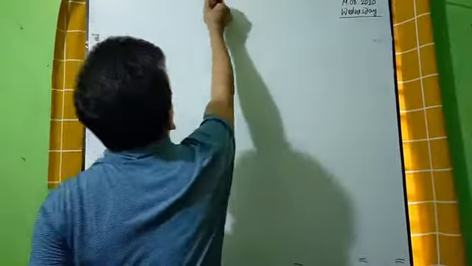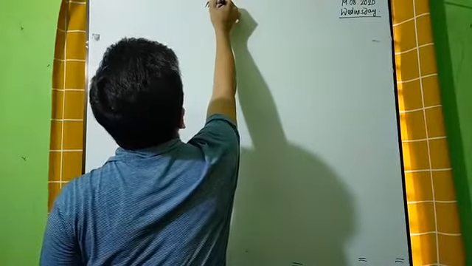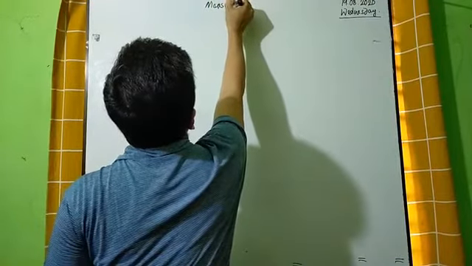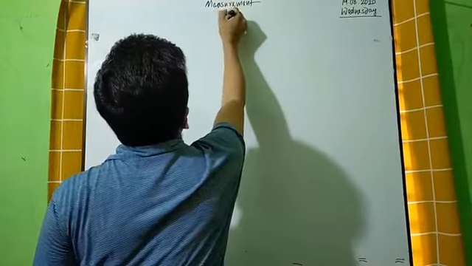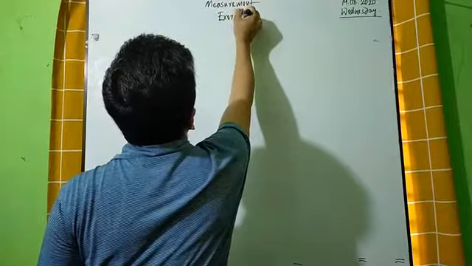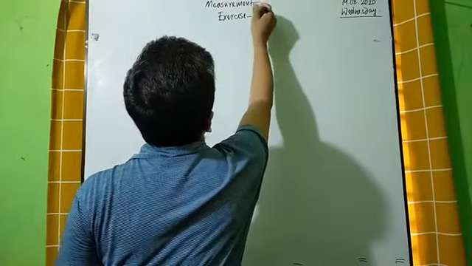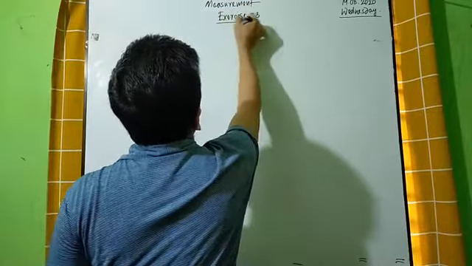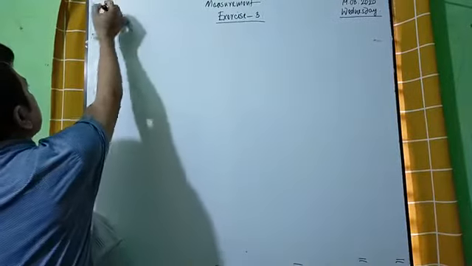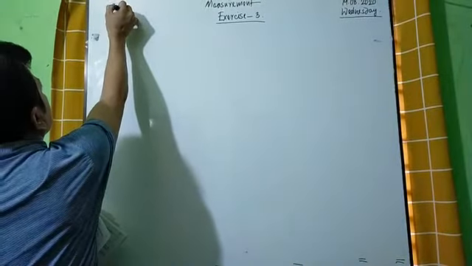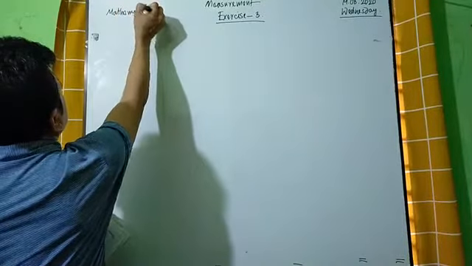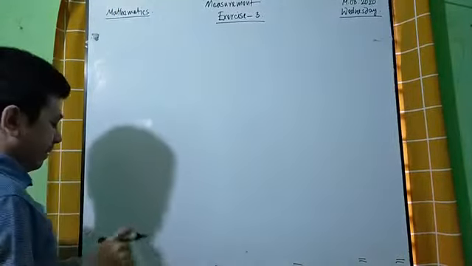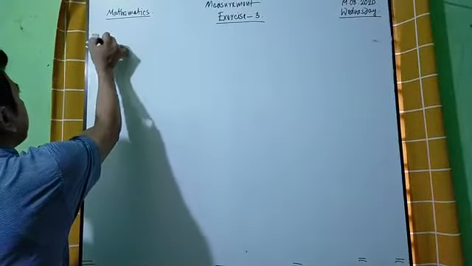The chapter name is measurement, exercise 3, mathematics. Number 26 we are going to start.